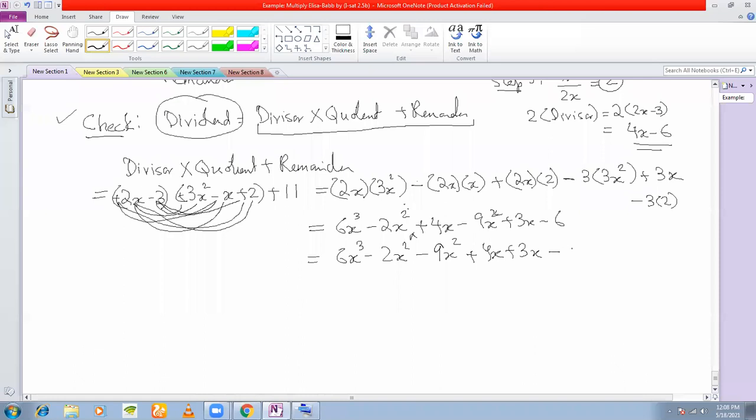And now this is a minus 6 here. And a plus 11 is already there. Okay. So now when you multiply, you get 6x cube minus 11x square plus 7x plus 5.